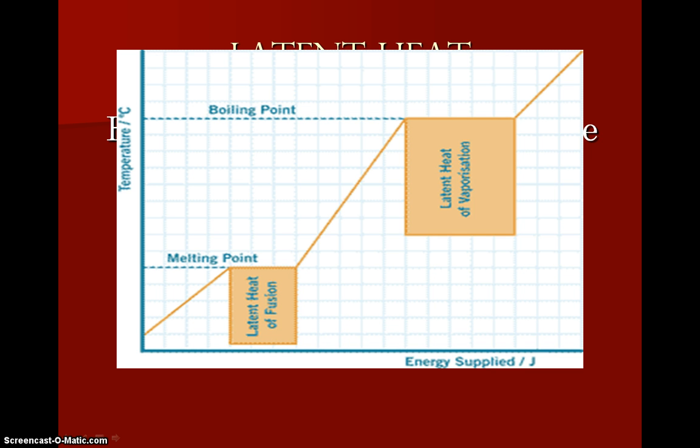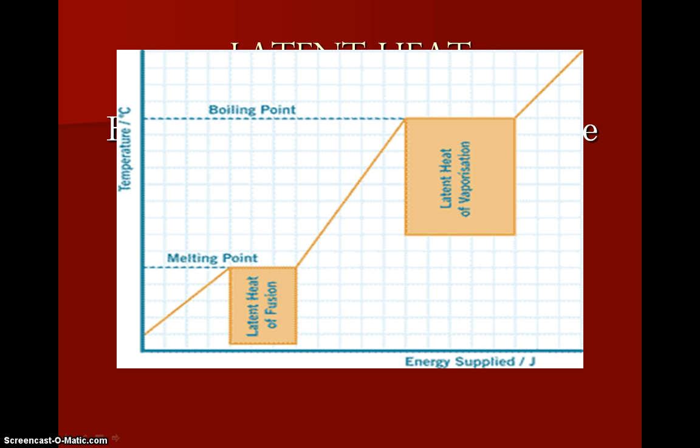And then as we heat it as it's a liquid, we are increasing the temperature. So that's going to require some amount of energy. We could quantify using Q equals mc change in T if we knew the mass and the substance. And then over here we get to the boiling point. So here you see the latent heat of vaporization, and there's a period of time in which there is no change in temperature, and therefore the energy that is happening here is going to changing the state or breaking those bonds.